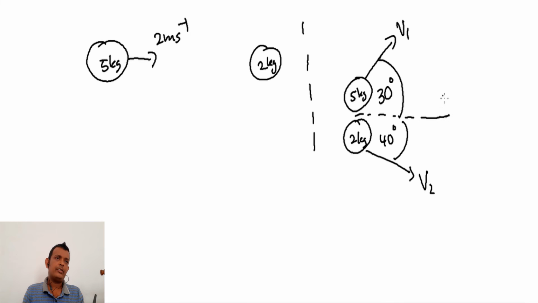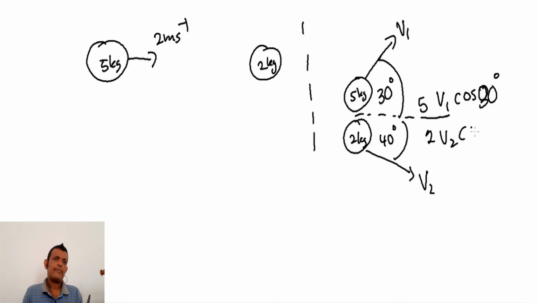The horizontal components are 5 v1 cos 30 and 2 v2 cos 40.